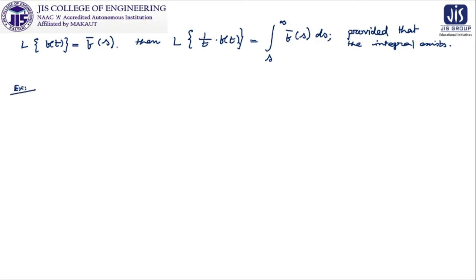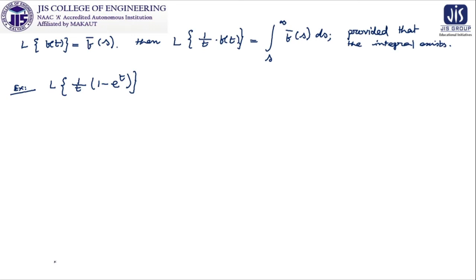Now we are going to see the application of this property through some problems. The very basic initial example is to find the Laplace transform of 1 by t into 1 minus e to the power t. Look at this. If the property is not known to us, then we can find the Laplace transform of 1 by t and of e to the power t by t from the definition, and obviously it will be a long integration.